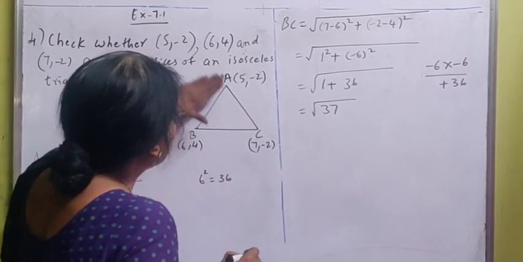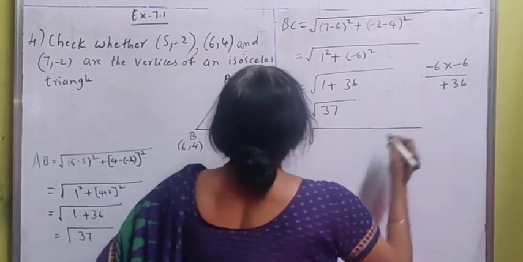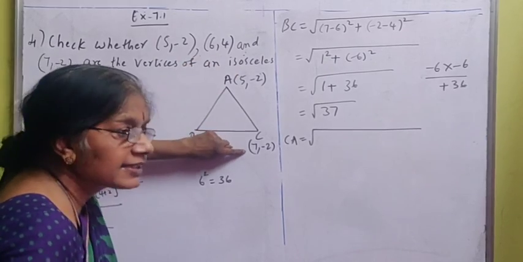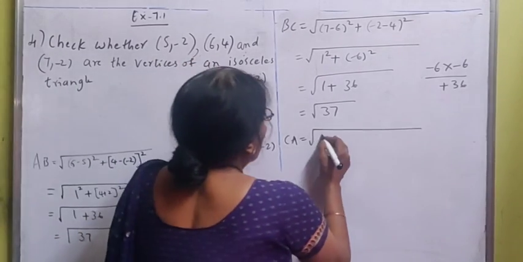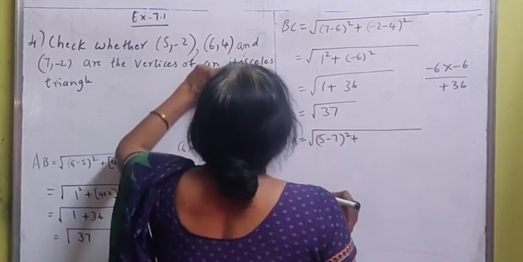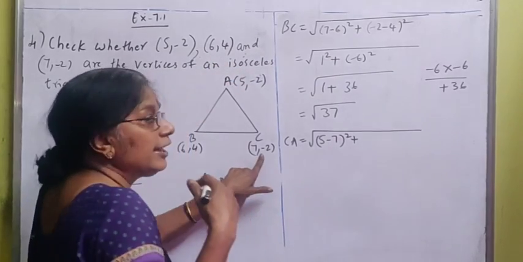Last, CA. So let us find out CA, which is equal to the square root of (x coordinate of A minus x coordinate of C) the whole square, plus (y coordinate of A minus y coordinate of C).